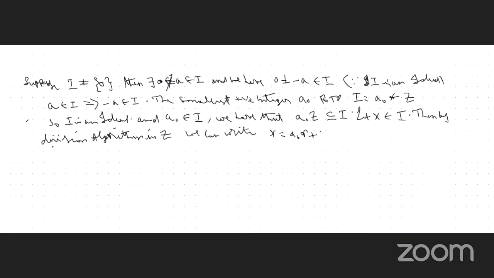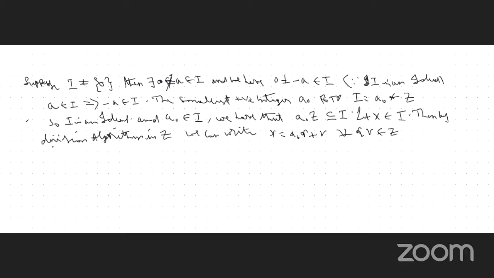This is nothing but dividend equals divisor times quotient plus remainder, for q, r belongs to Z.